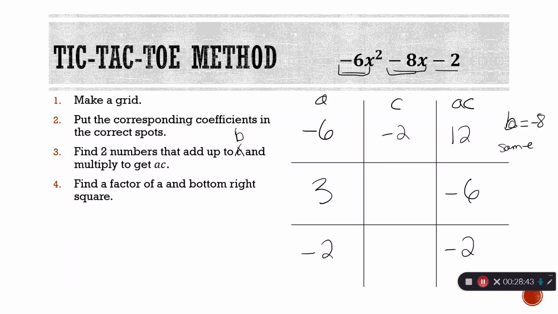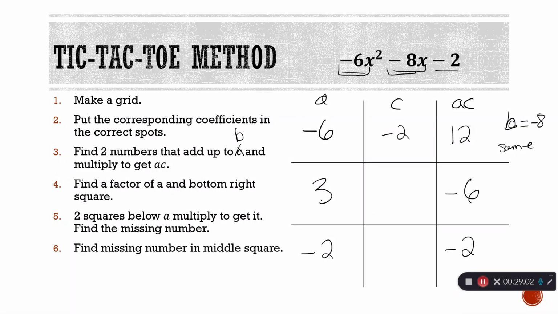So right here, we found a factor of A. So we need to figure out factor of A and bottom right. Okay, and then we need to figure out what this square times this square gets me negative 6. That's where we found our 3. And then we're going to find the missing number here.